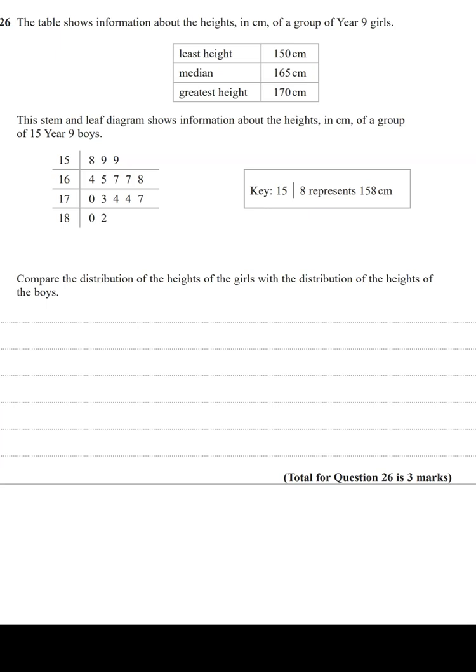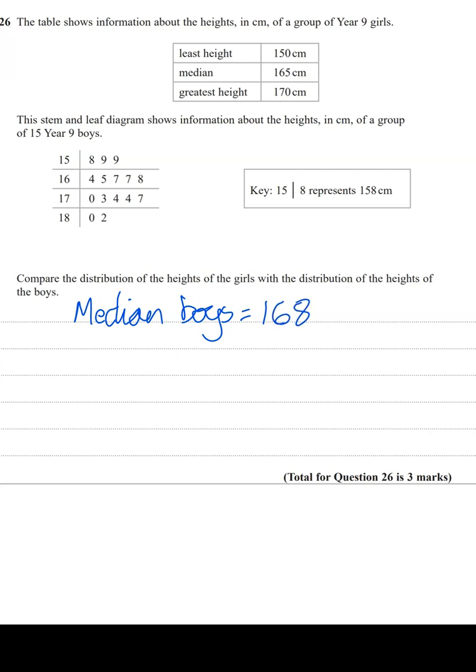Well, let's work out the median of the boys. The median of the boys is going to be this 15, so we want the 8th value, halfway between. So 1, 2, 3, 4, 5, 6, 7, 8. 1, 6, 8. You can cross them off and work your way in, but the median is 168.